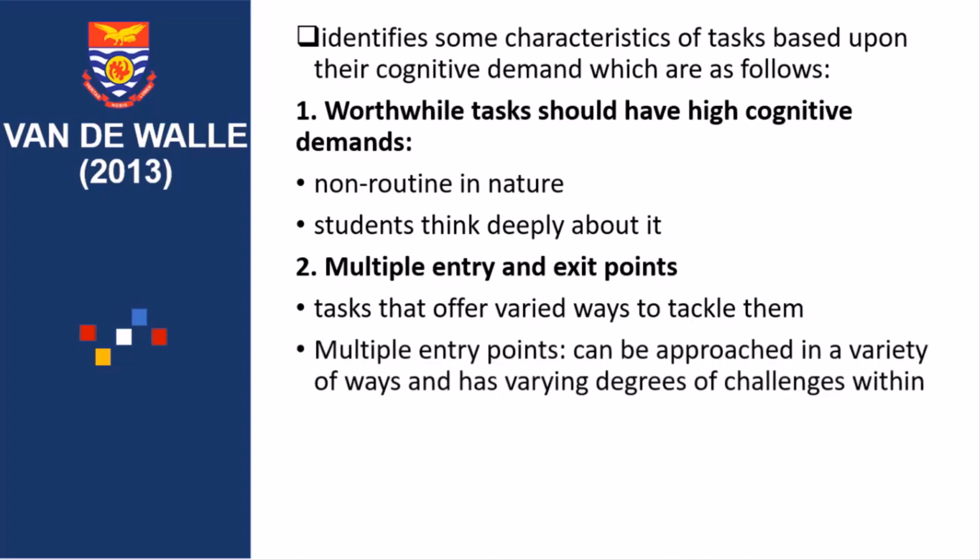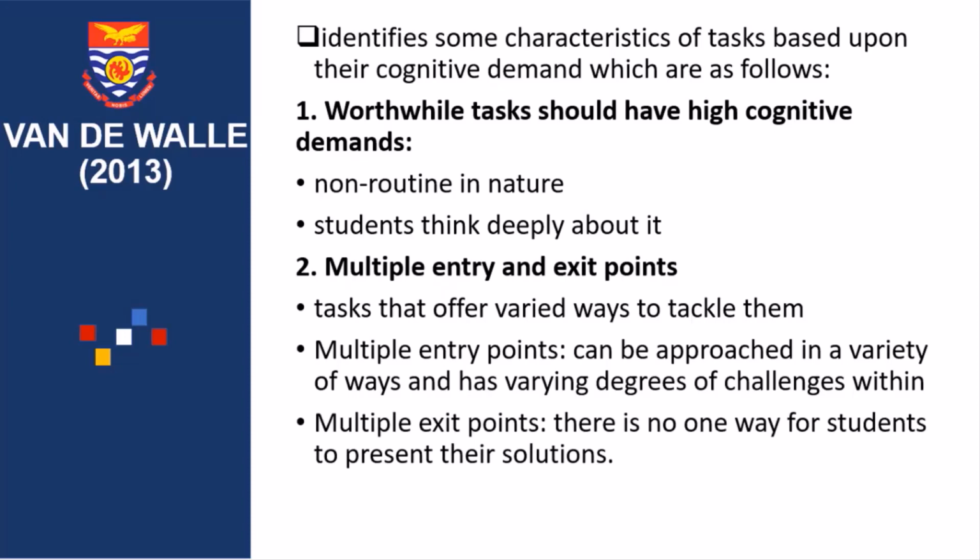And by multiple entry points, it means the task can be approached in a variety of ways and has varying degrees of challenge within. So the task shouldn't be a one-way task. It should have a variety of ways that students can tackle those tasks, and varying degrees of challenges that will make them think deeply about it.